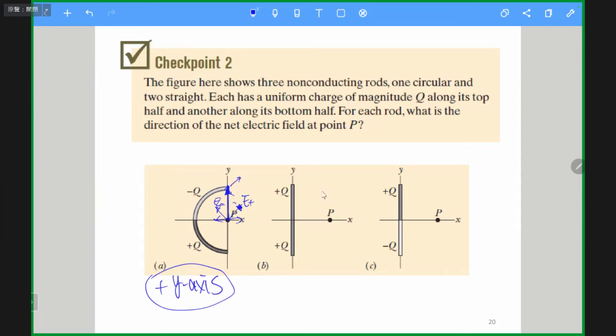So okay, the first one is already correct, although you added an additional question mark. Here for this part, it will generate an E field pointing to this side, and for this part, it will generate an E field pointing to that side. So it will point to the positive x-axis. Okay, so let me mark it down.